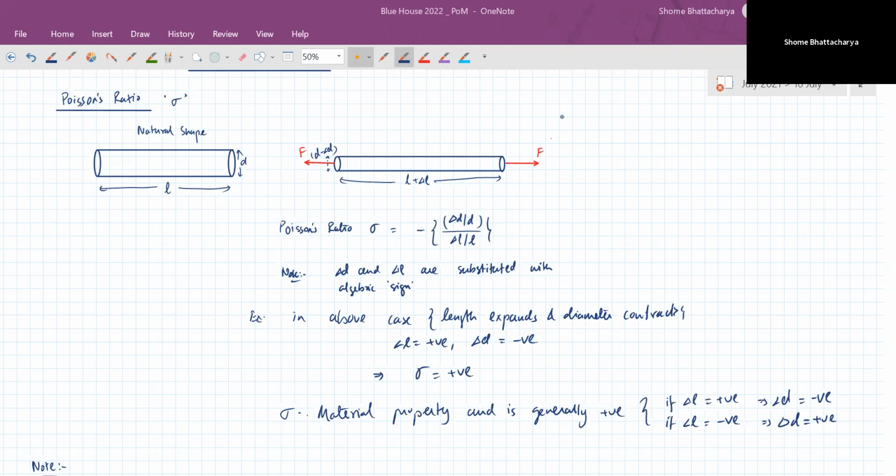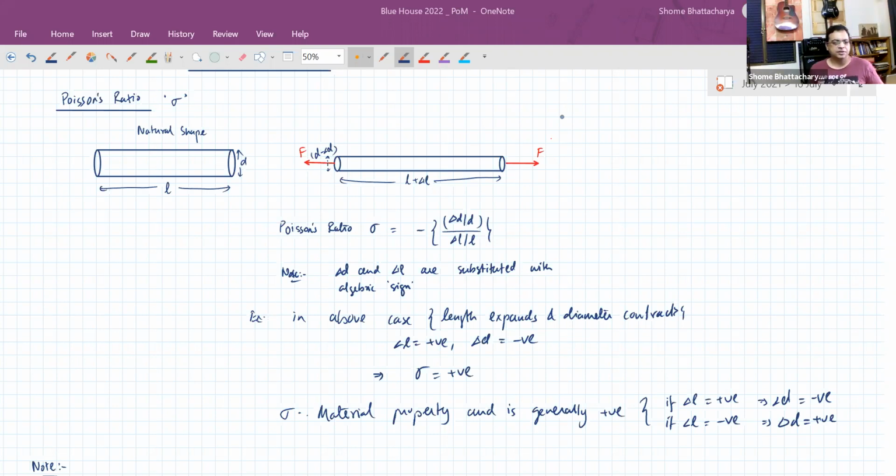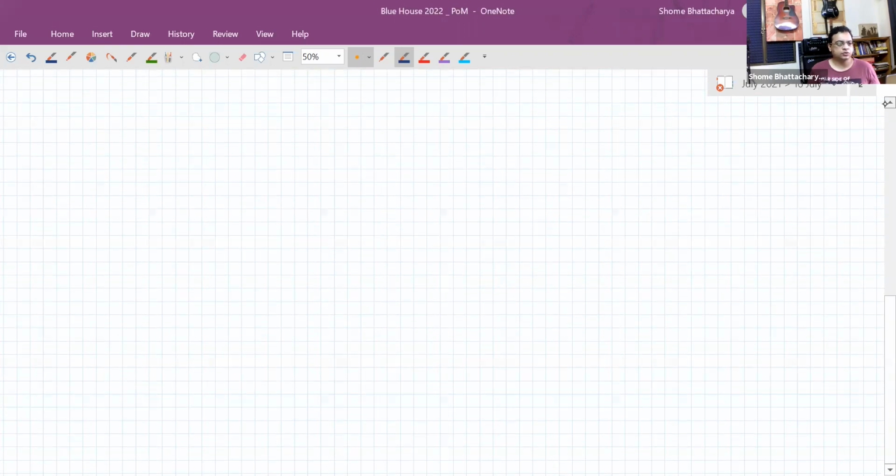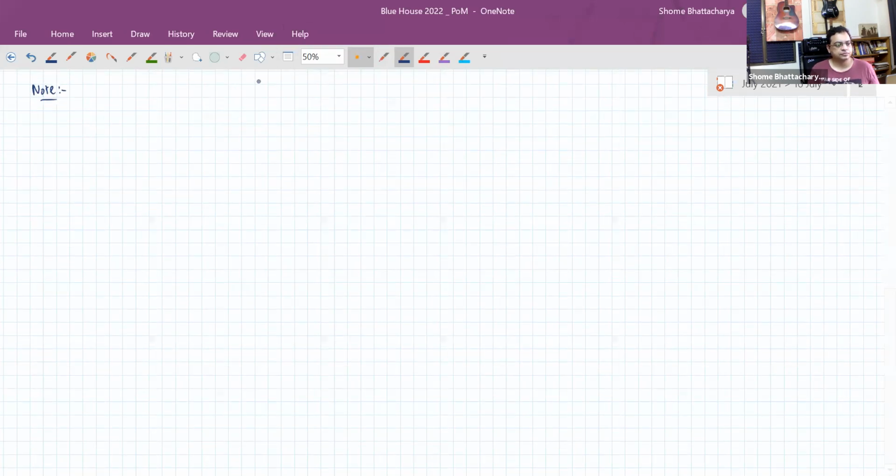Okay, so now this is all there is in your syllabus about Poisson's ratio, but just an interesting thing to note over here that certain materials can have negative Poisson's ratio.